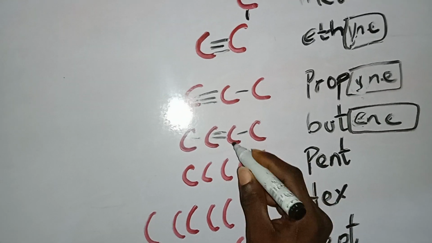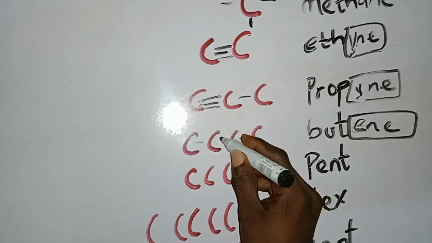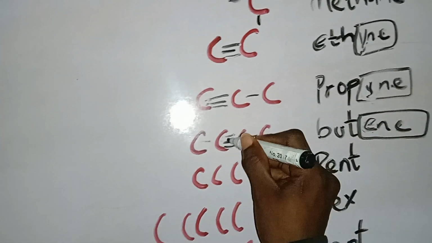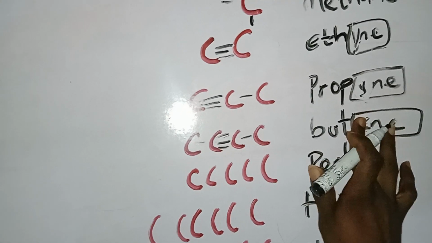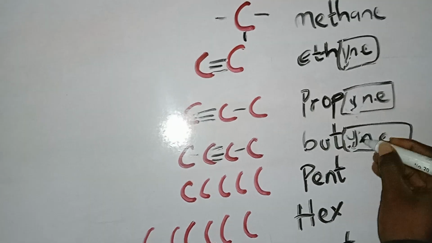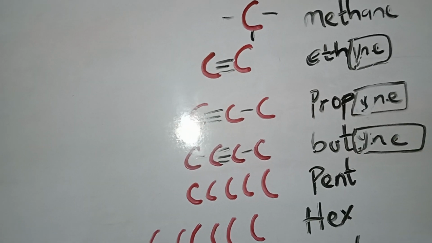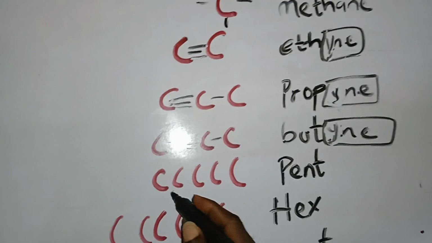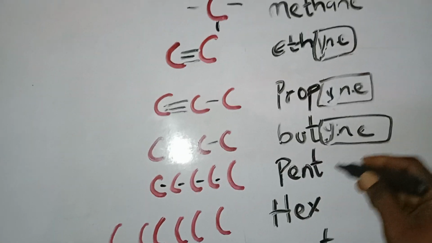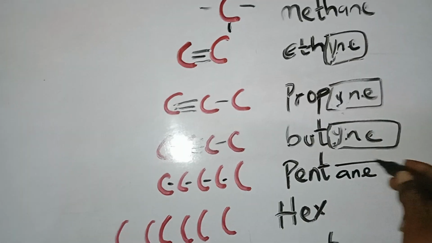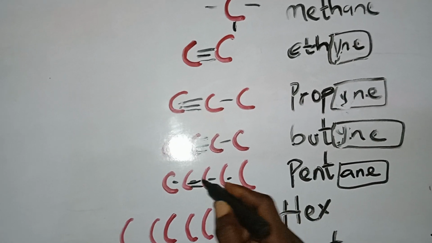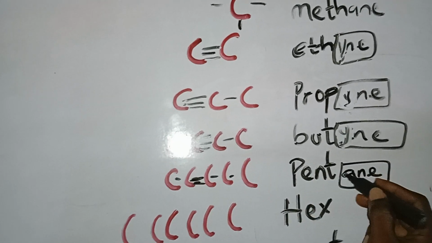If at any point I see a triple bond, it will no longer be ane, but yne. Now, if I see single bonds on this, it will be ane. But if I see a double bond at any point here, it will no longer be ane, but ene.